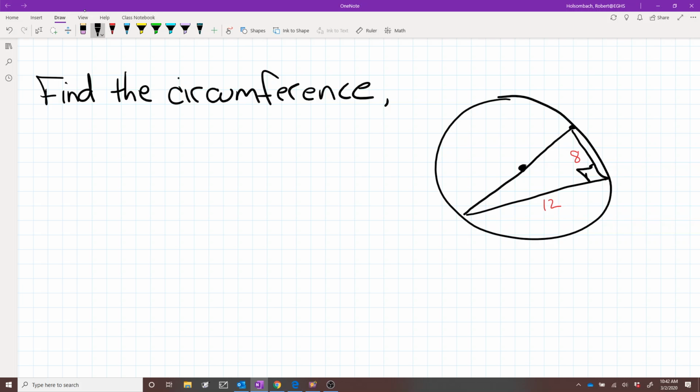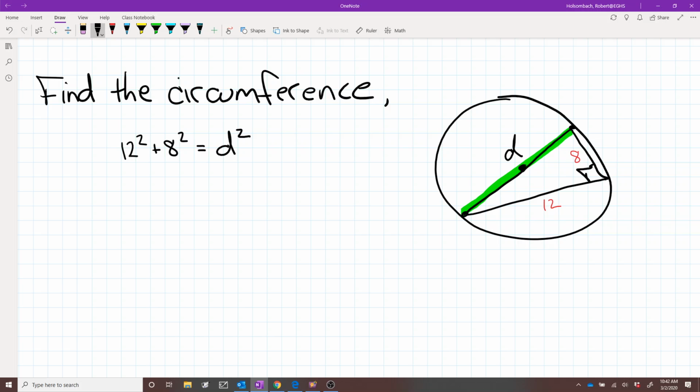Do you see the hypotenuse of this right triangle? This segment right here. What does that segment represent in this circle? It's the diameter, isn't it? And it's the hypotenuse of a right triangle. So if we call this segment the diameter, doesn't 12 squared plus 8 squared equal the diameter squared? Pythagorean theorem for a right triangle to find the hypotenuse.